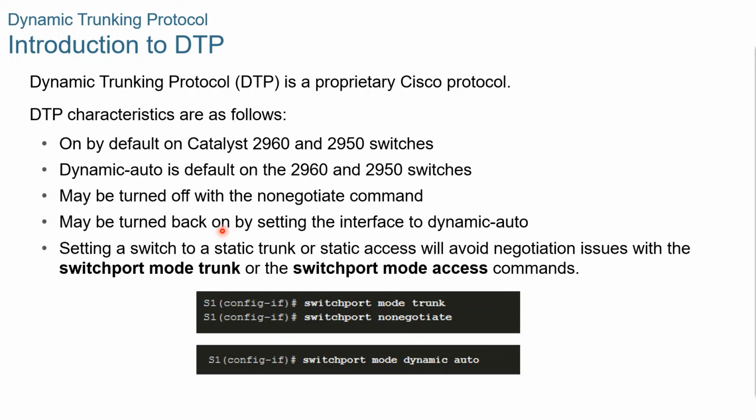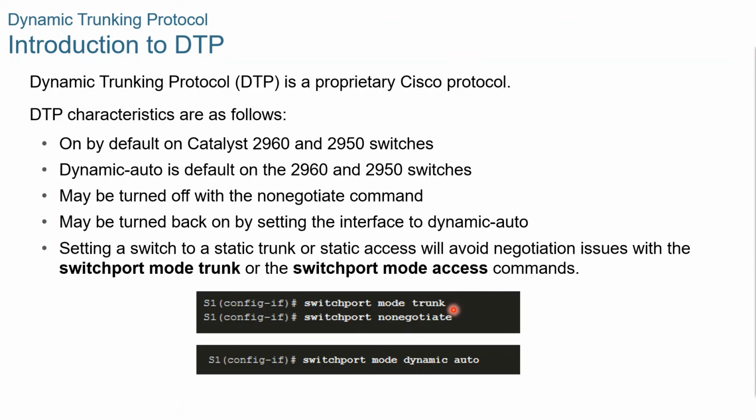The default DTP configuration for the Cisco Catalyst 2960 and 3560 switches is dynamic auto. To enable trunking from a Cisco switch to a device that does not support DTP, we use the switchport mode trunk and switchport nonegotiate interface configuration mode commands.